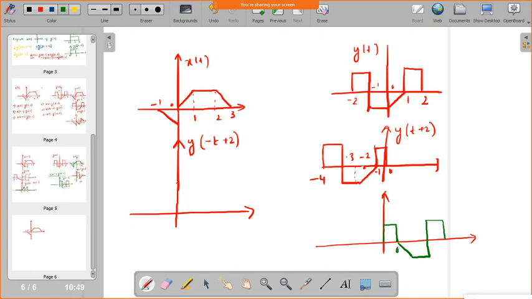So this is 0, this is 1, and this will be 2, this will be 3, and this will be 4. So this is your y of minus t plus 2. All of you got this one, or any doubt? So now you have to multiply this signal with the x of t.